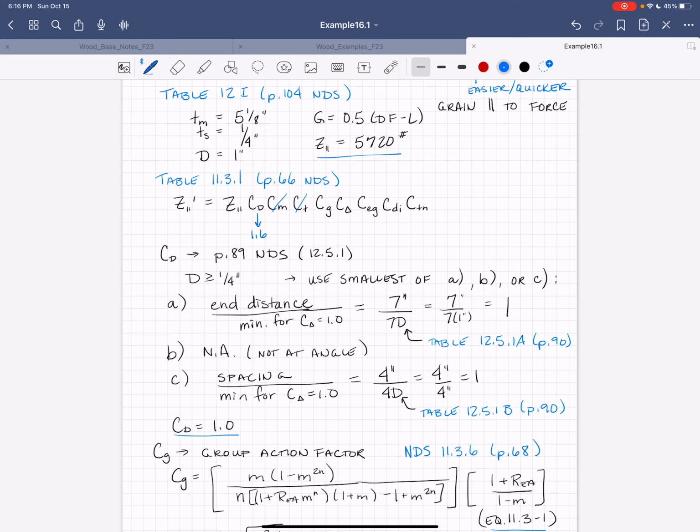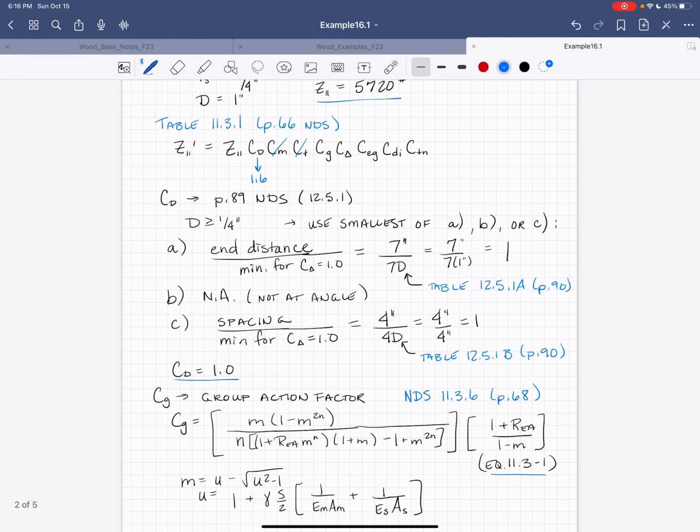And then the next section proceeds to tell you how to find those C values. For C delta, you can look that one up, page 89, 12.5.1. I should have said C delta is next.